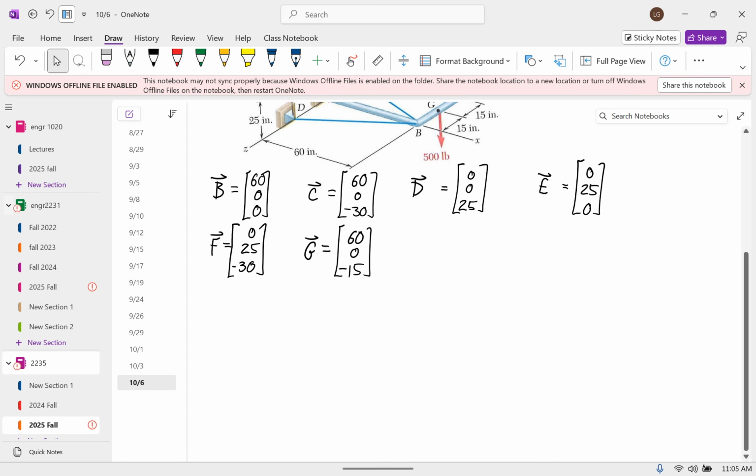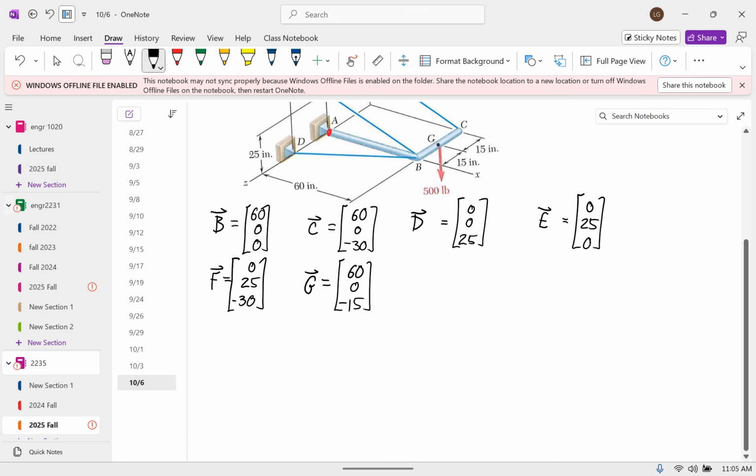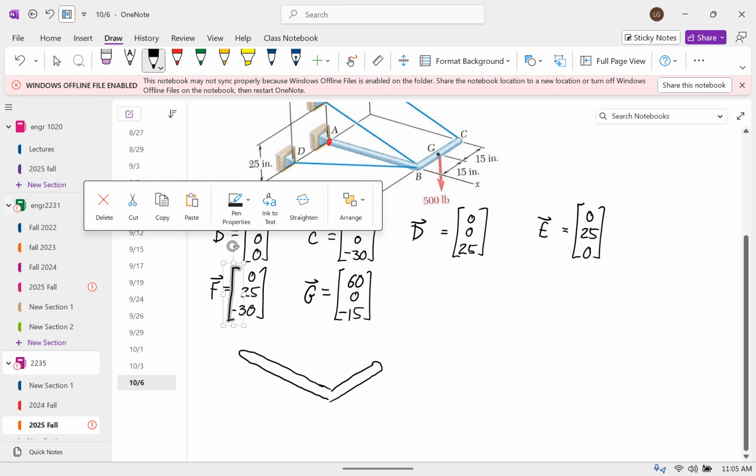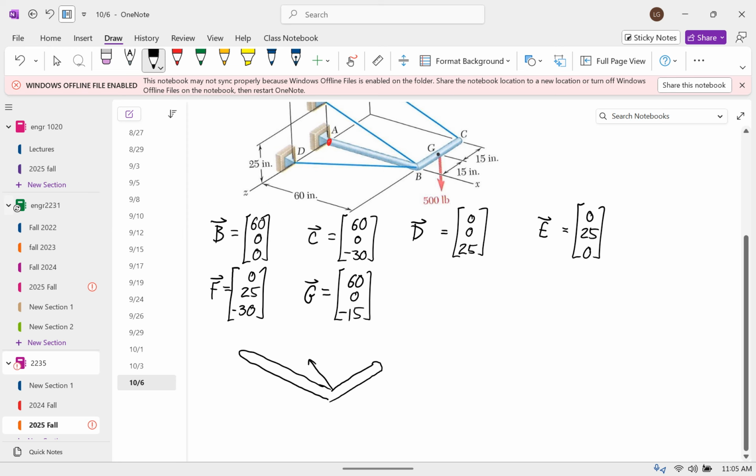Okay, so free body diagram now. We have three separate cables, there, there, and there. I'll call these T1, T2, and T3.